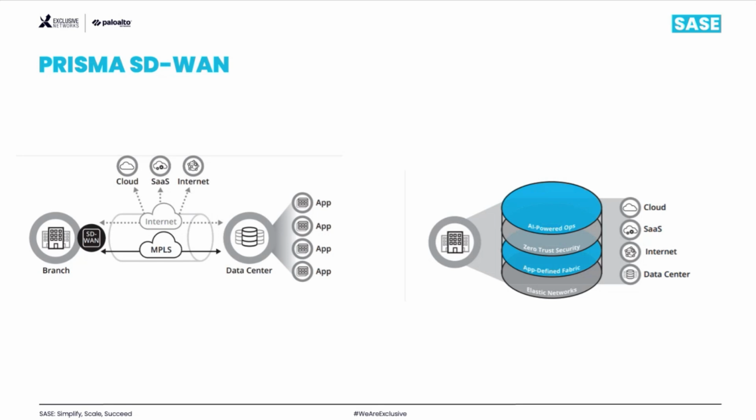So we want to make sure that we can also differentiate multiple applications to do the steering. So if we have two lines, we are able to distinguish, for instance, that all Microsoft Teams traffic should go over line A and that all email traffic should go over line B. Also important is that you can put in place backup mechanisms to make sure that the business remains available and the applications remain available.